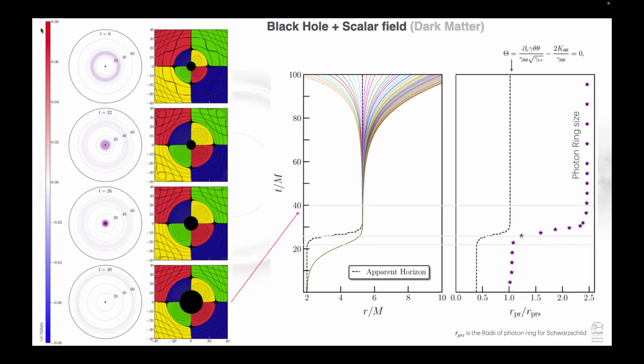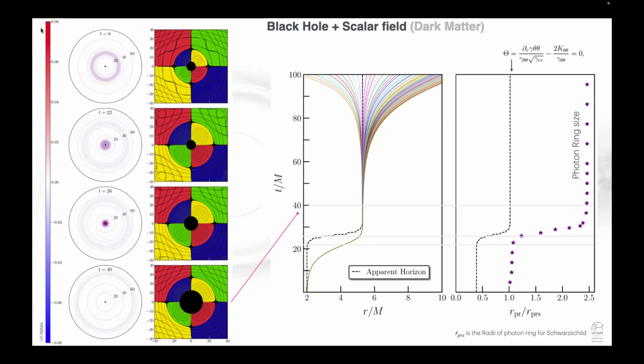If we translate this to seconds, it's very few seconds, hours, let's say, because here this axis is time, but it is in units of m, the mass of the black hole. This is what we usually do in our simulations.